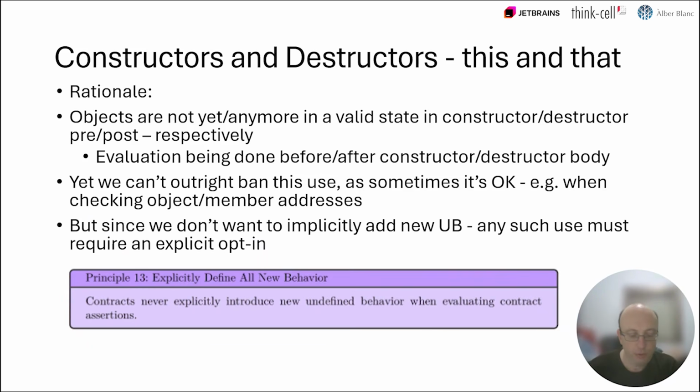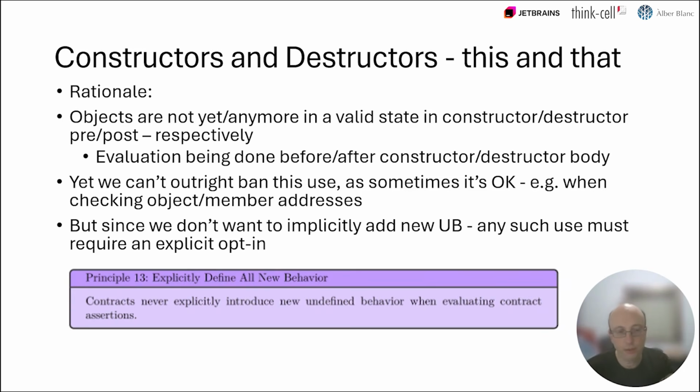So as I'm sure you know, referencing non-static data or function members from a constructor or a destructor, and especially from just before starting the constructor or just after executing the body of the destructor, those are very delicate issues, and they are very likely to result in undefined behavior.